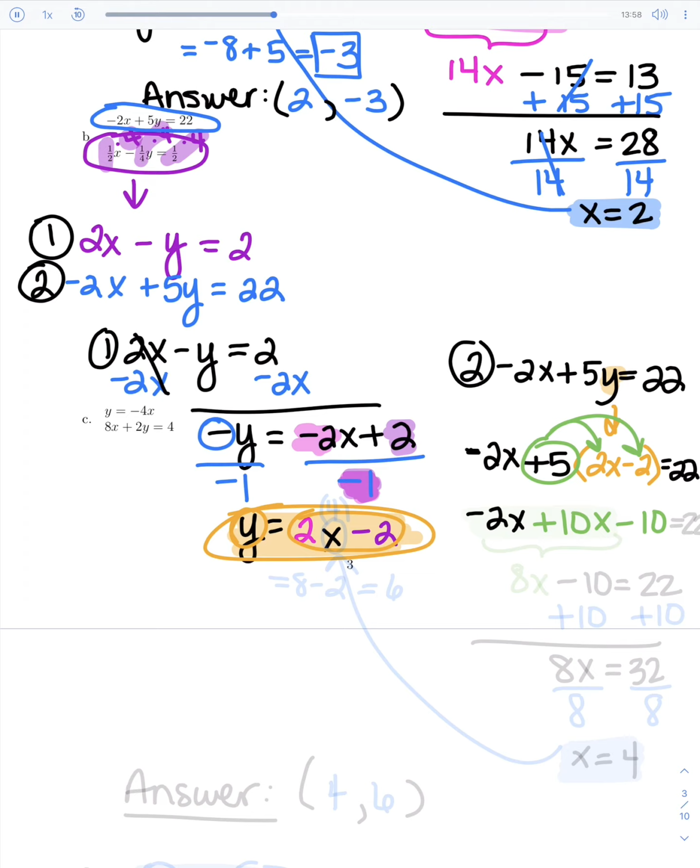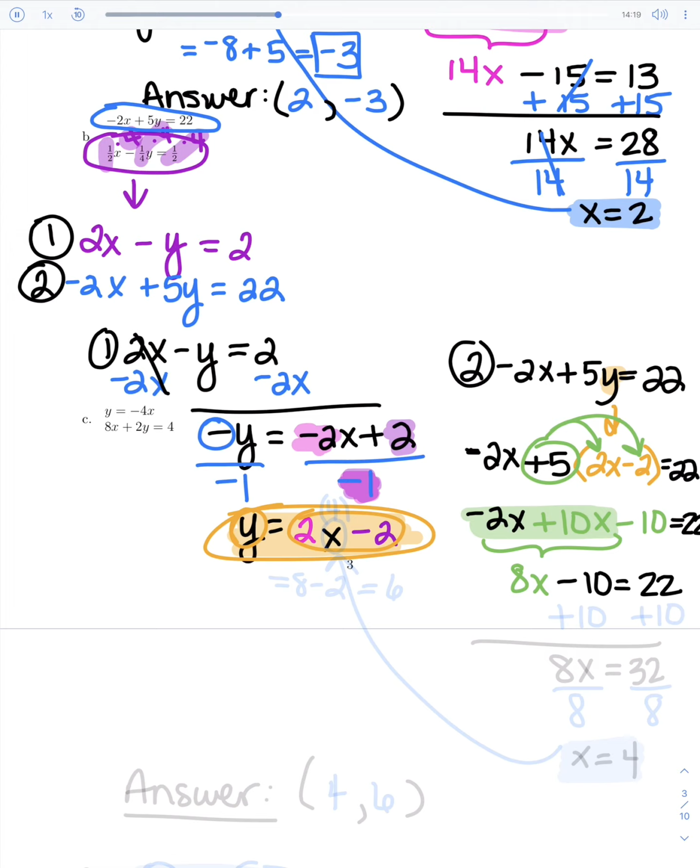We still have the 22 on the other side. But now we can combine like terms. We've got a negative 2x and a 10x, which is going to give us a positive 8x. We still have a minus 10 equals still 22.